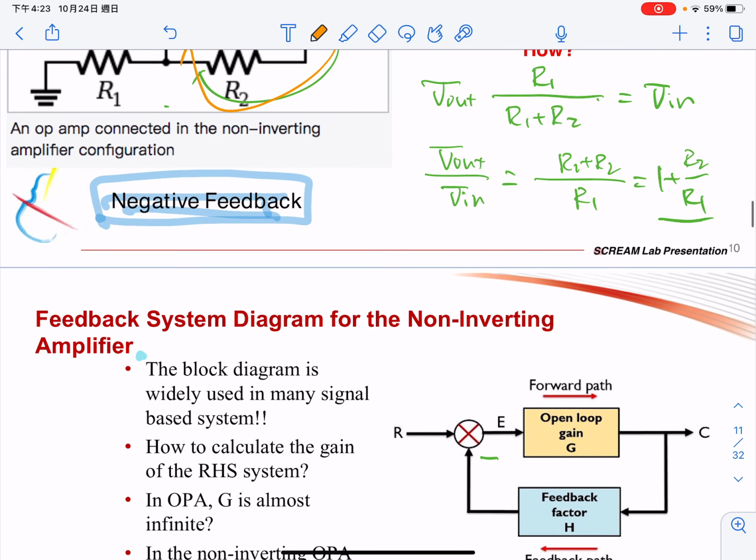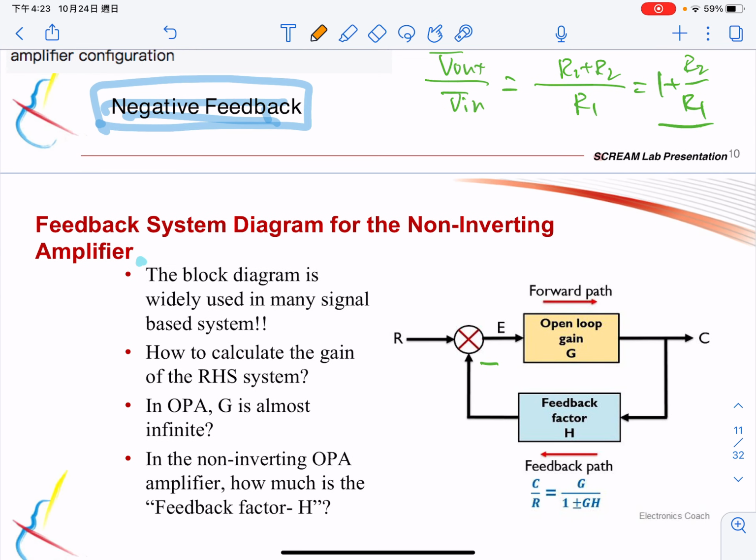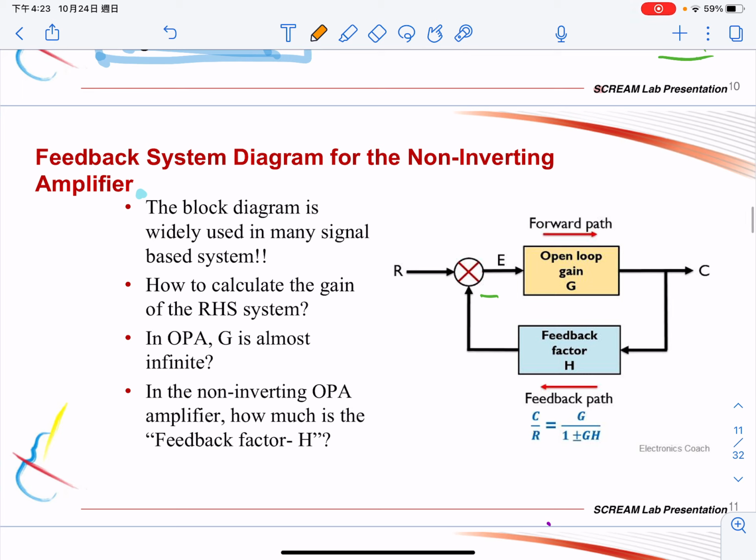So the feedback system diagram of a non-inverting amplifier can be represented by this very simple graph. And this very simple graph actually is applied to many applications and areas. So in general, if you want to have a system to be more stable, you usually will apply negative feedback technologies. Okay.